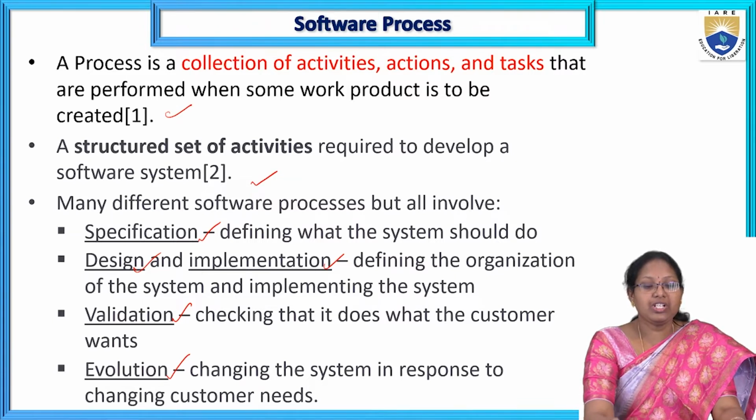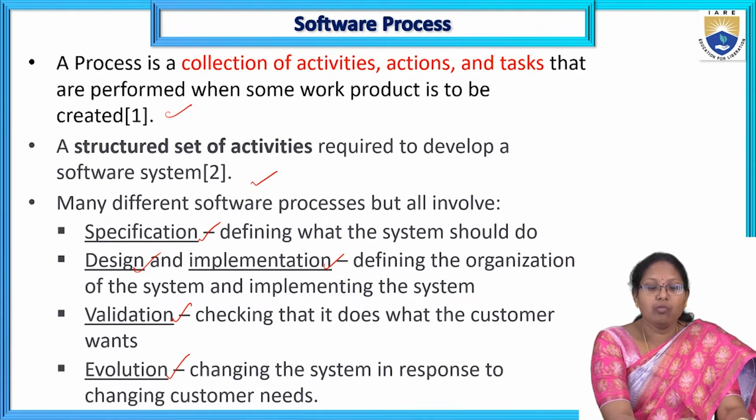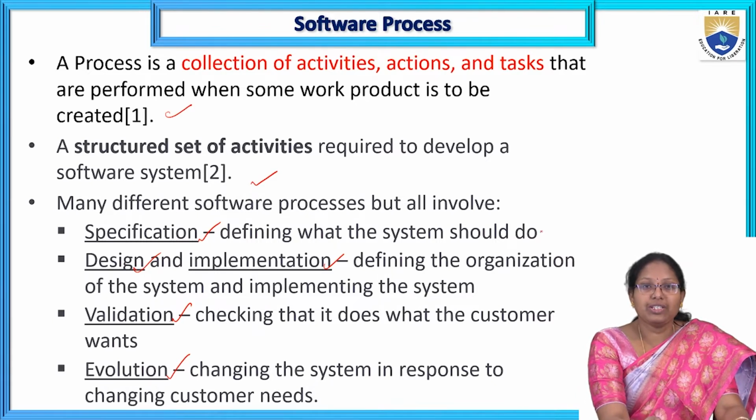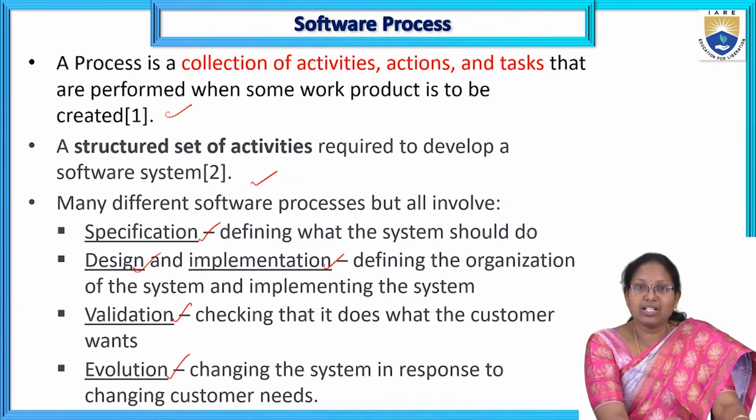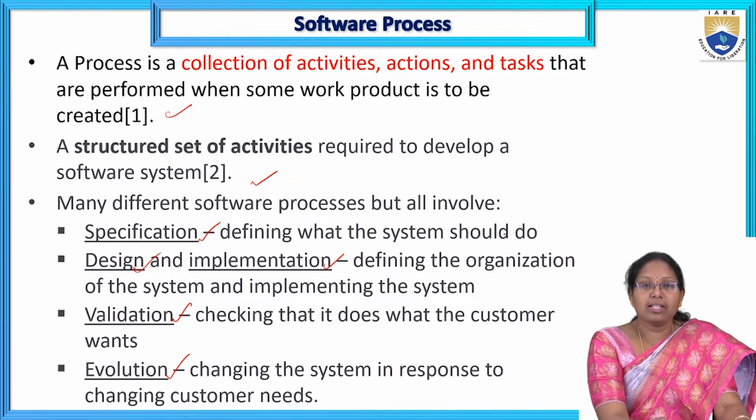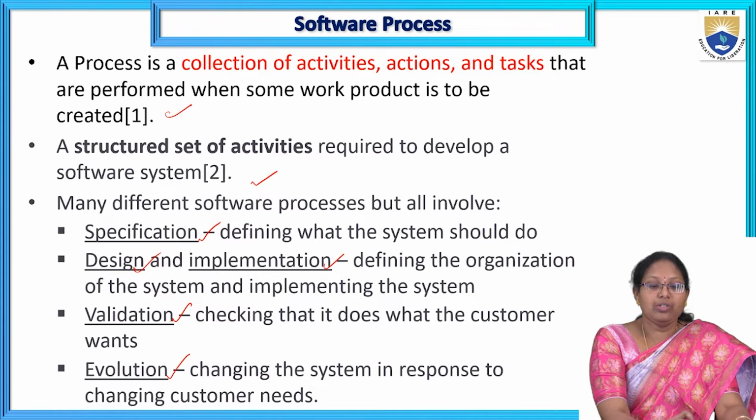Specification means defining what the system should do. Under specification, the software process consists of defining what the system should do. Next is design and implementation.